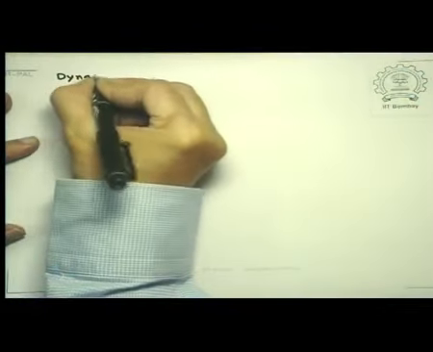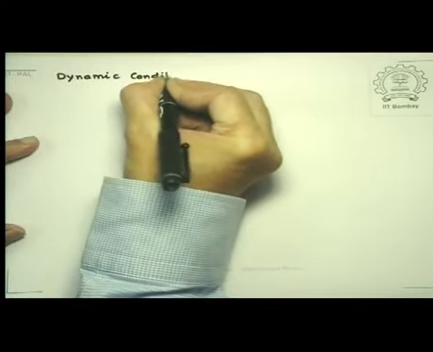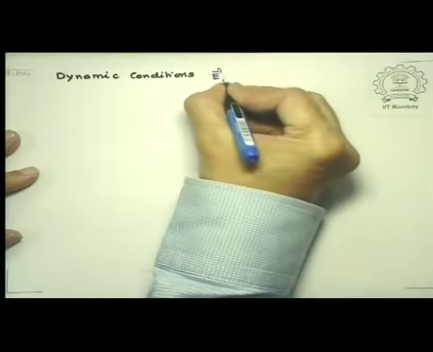So let us return to the dynamic condition. We have seen that under dynamic condition, the electric field inside need not be 0. So let us say E inside is not equal to 0.